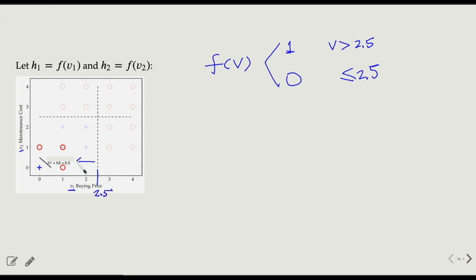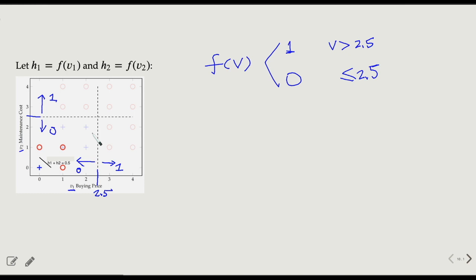If a value is less than 2.5, it's going to be 0. If it's greater than 2.5, it's going to be 1. And the same on the v2 dimension for the maintenance cost here. If it's above 2.5, it's going to be 1. If it's less than 2.5, it's going to be 0.